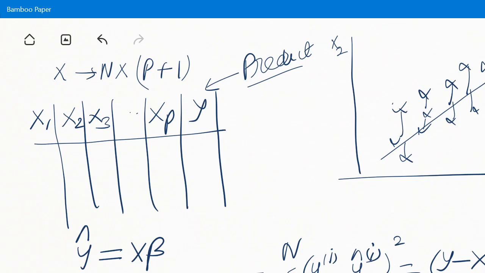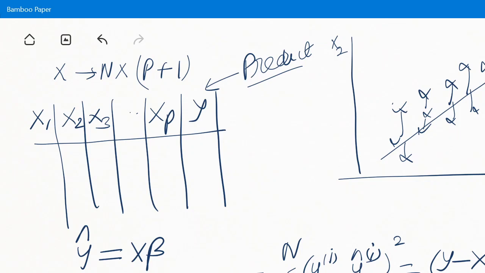Since this is a convex function, a quadratic function, it will follow a convex shape.